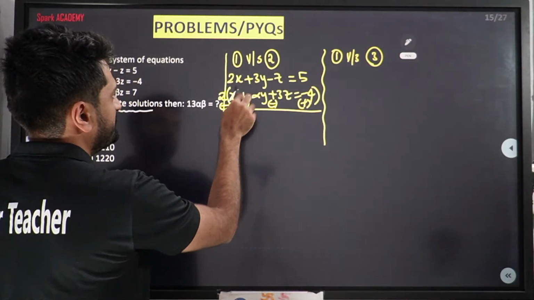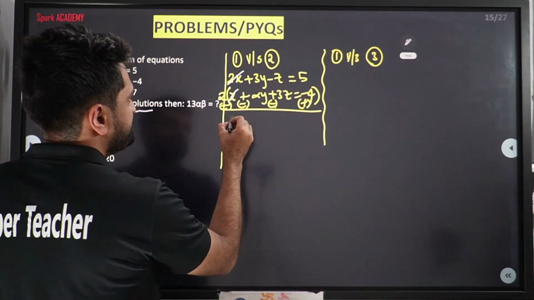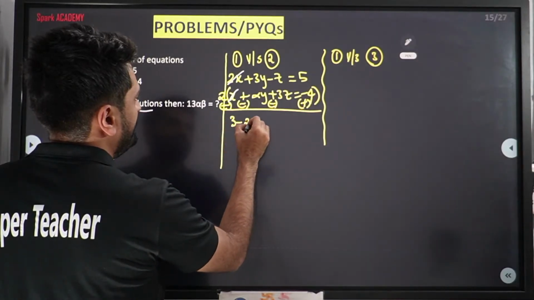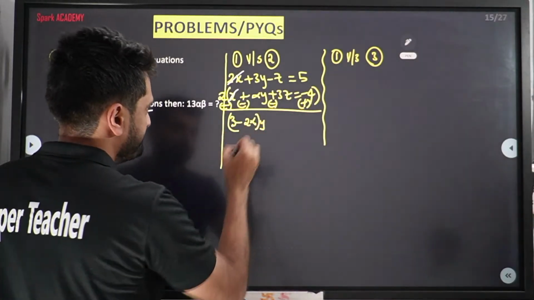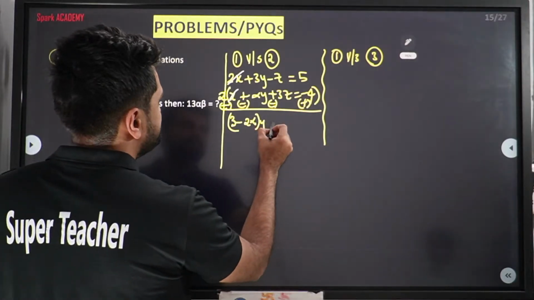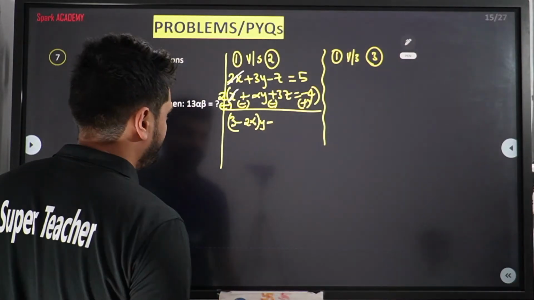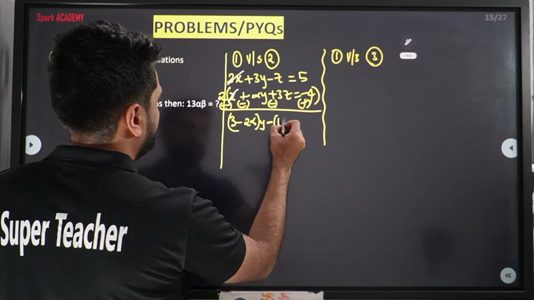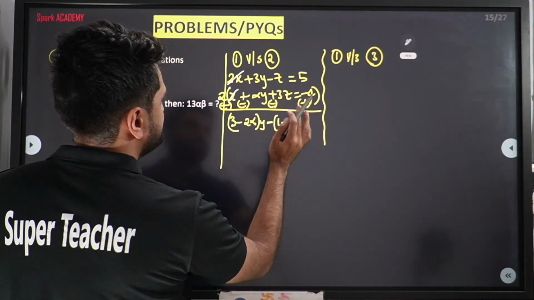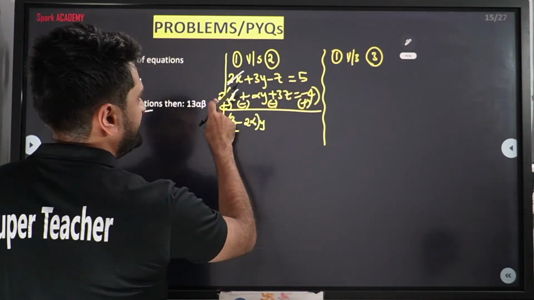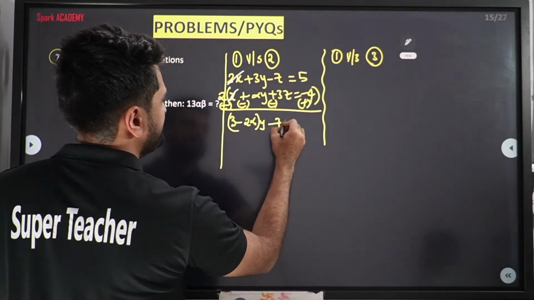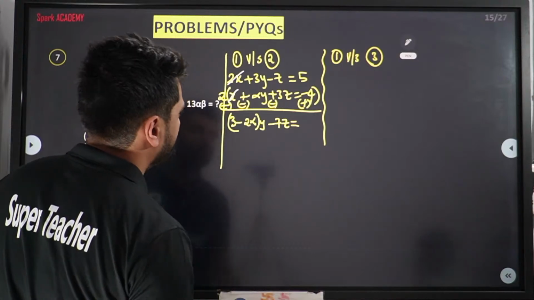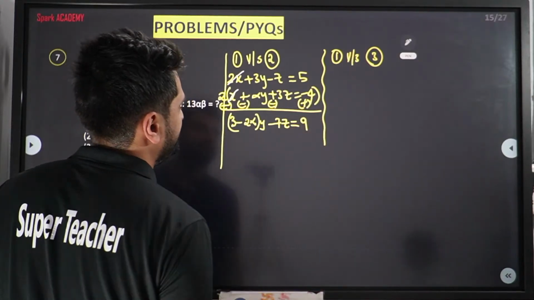So 2x cancelled. This is 3 minus 2 alpha times y. This is nothing but minus of 1 plus, this is minus 1 minus 6 is nothing but minus 7z equals 5 plus 4 is nothing but 9.